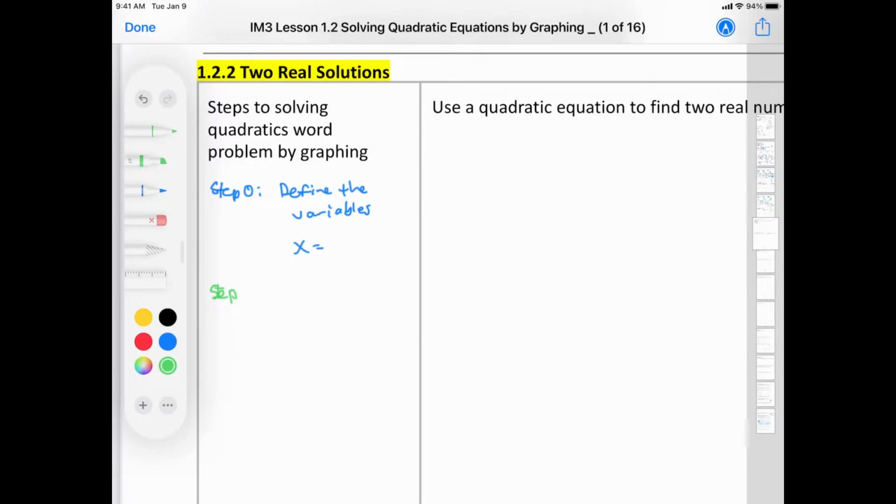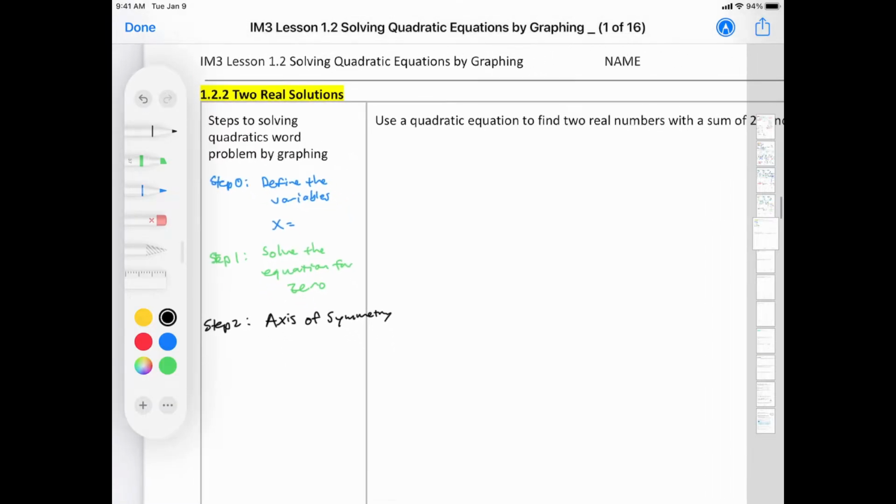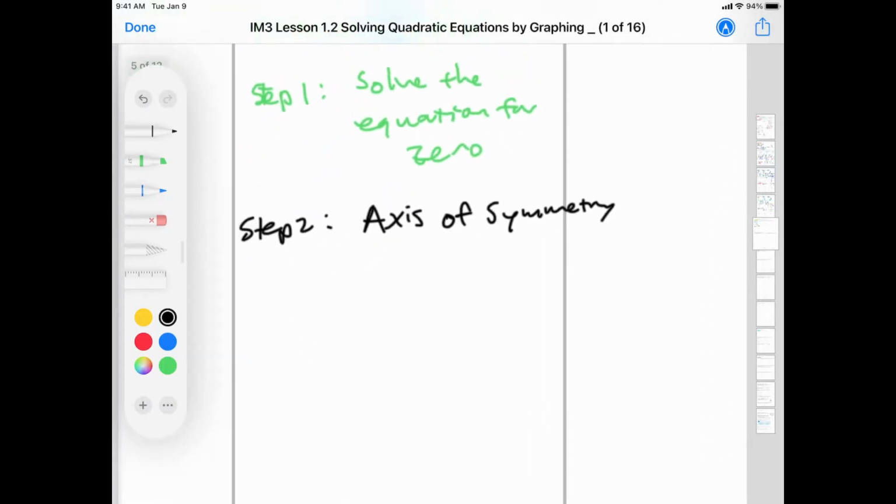And then when you're actually doing the work, step 1, you can solve the equation for 0. Step 2, you can find the axis of symmetry, AOS, line of symmetry, axis of symmetry.